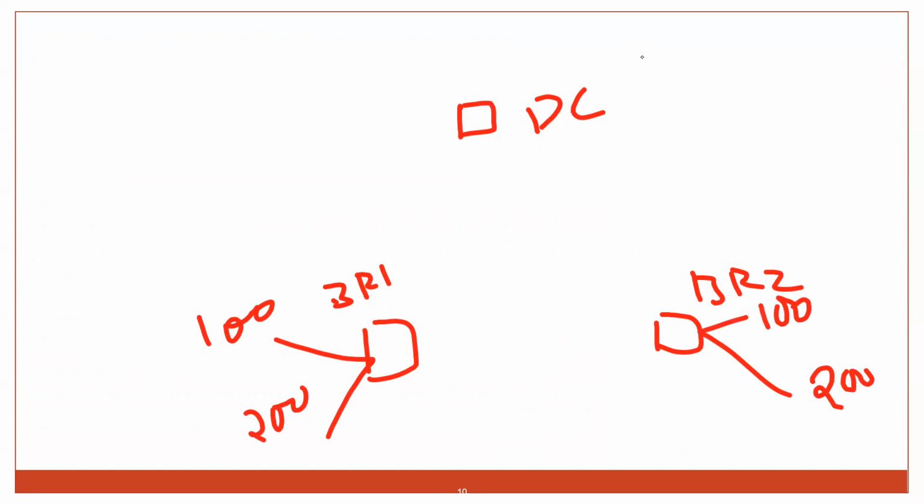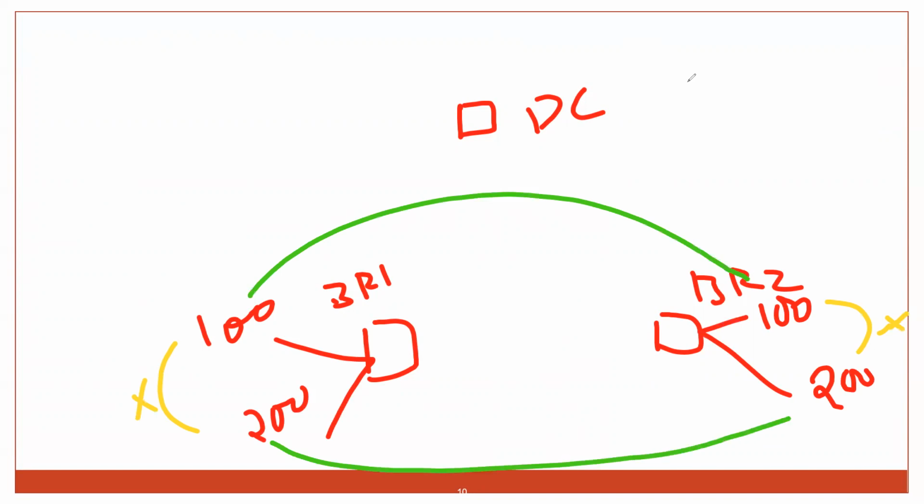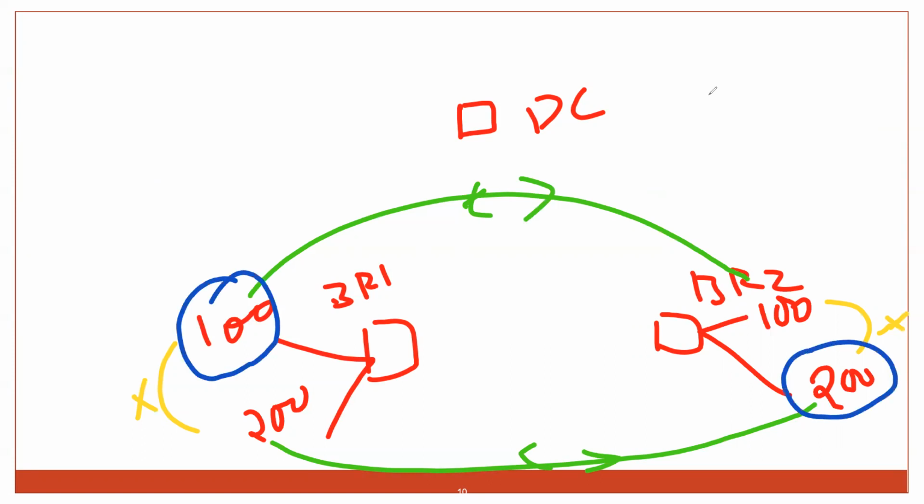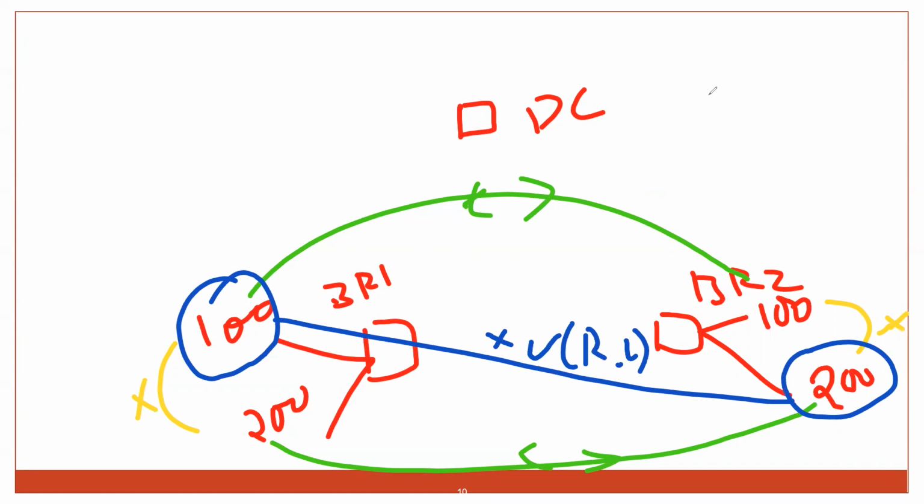But within the branch or outside the branch, VPN 100 can't talk to 200; 100 can communicate to 100 on this side and 200 can communicate to 200 on this side. That's the nature we have. But what if you want this 100 to communicate with this 200? By default this is not possible, but with the help of route leaking, we can create the policy.